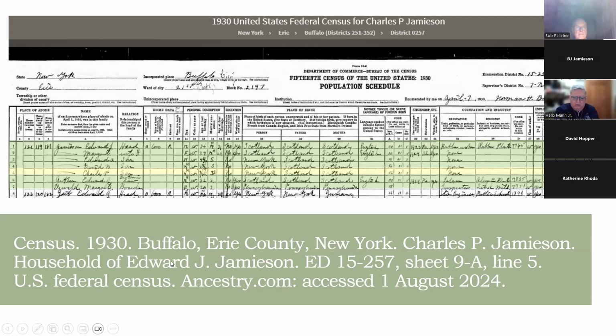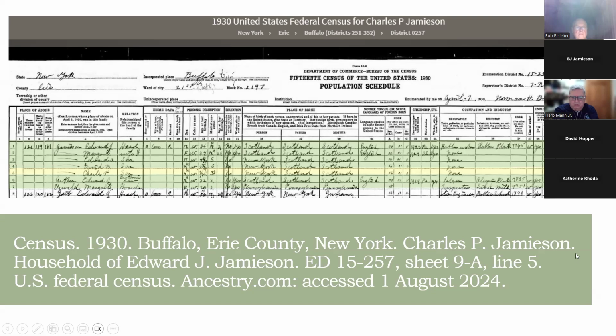I put census, I put the year, I put the place. If it's not the US federal census, if it's a state census, I do put in parentheses state census so that I know I'm not looking at a federal census.